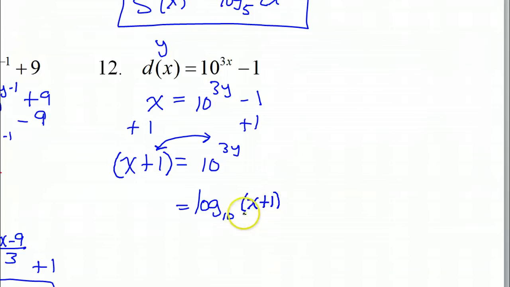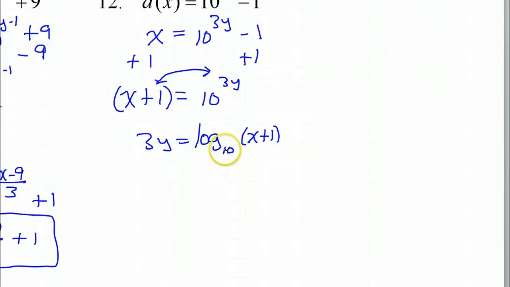Now once again, base 10 is something that we don't write down. Log base 10, the 10 is understood, so when I do the next step, I'm going to get rid of that 10 and just put log. We're almost done, but we have to get that y by itself. So we would now divide both sides by 3 like so.